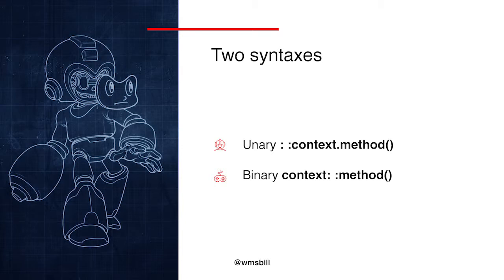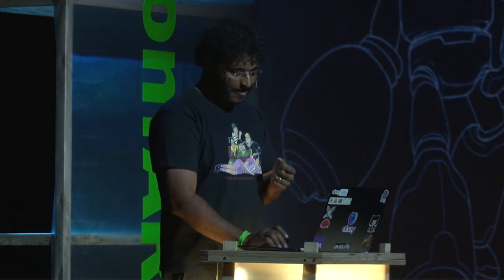The bind operator introduces a new token, this double colon, which acts as syntax sugar for the two previous use cases. It introduces two forms of this operator, the unary operator and the binary operator.